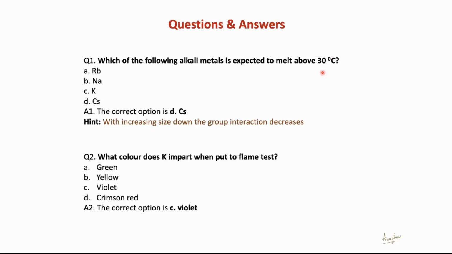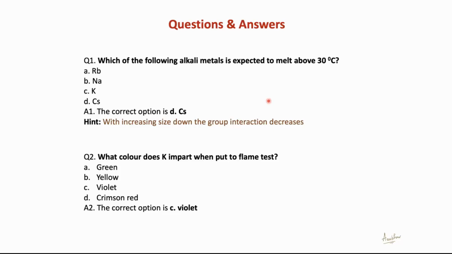When the interaction is highest, it will form a solid. When the interaction is a bit lower, it will form a liquid, and when the interaction is very low, it will form a gas. These are the main physical states of matter. Since in cesium the atomic interaction is decreased because of the increasing size, it is present as a liquid at ambient temperature.